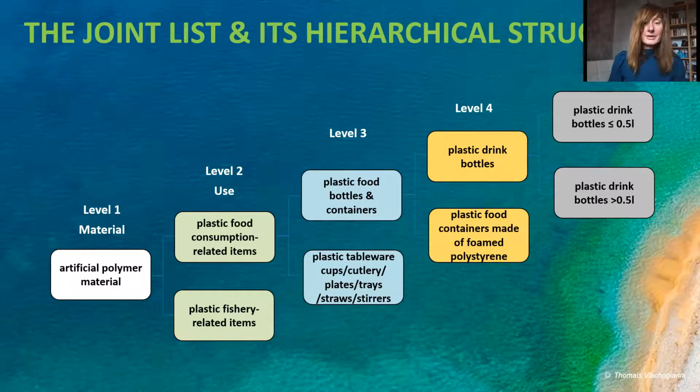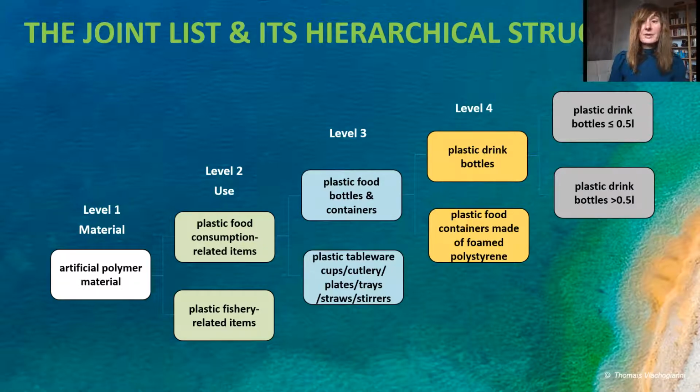The joint list is an upgrade of the 2013 master list, and it is characterized by a hierarchical structure. This hierarchical structure was put in place in order to ensure comparability of results across European regional seas, and also to allow for different levels of aggregation of the results obtained through the different surveys.